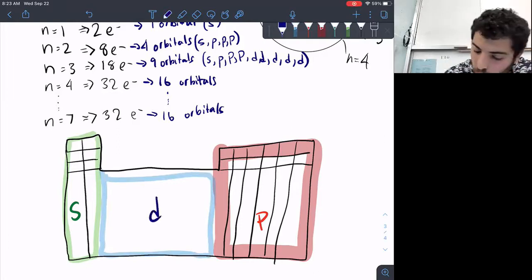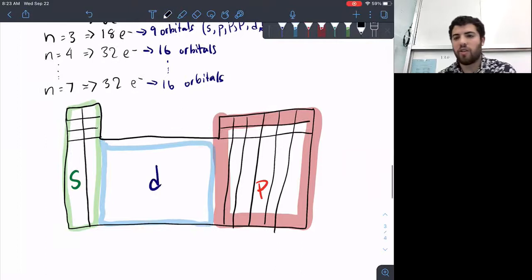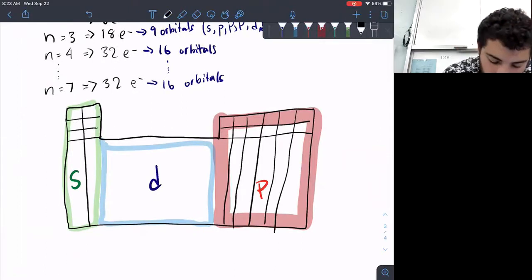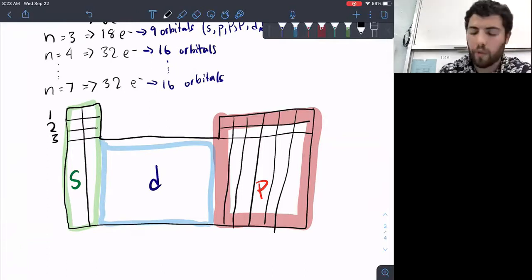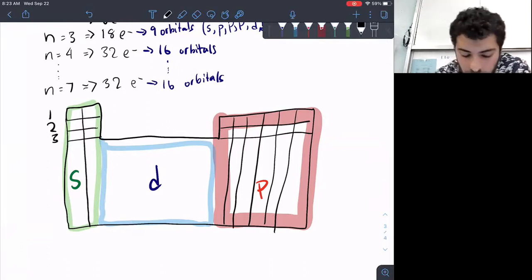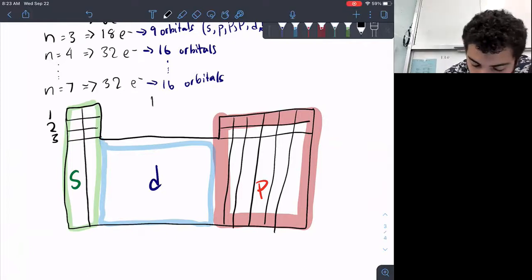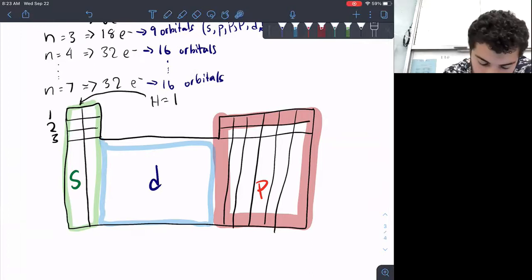So where do these configurations, 1s2, 2s2, etc., come from? Well, let's first label these 1, 2, 3 for the rows or the energy levels, and let's start with hydrogen. Hydrogen is right here. It is in the first energy level. It only has S, and it's in the first row, so it's going to be 1s.